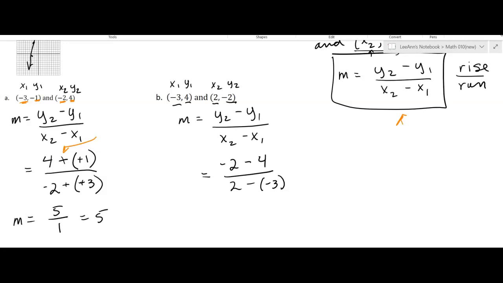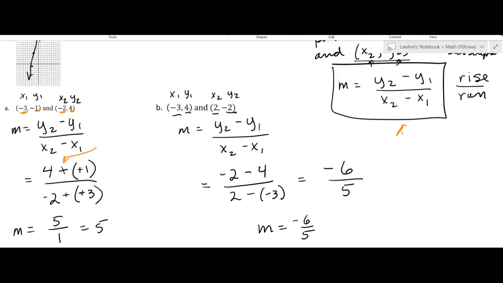Okay, and then we have to do the calculating. So I'm going to get -6 in the numerator, and then in the denominator I'm going to have 2 plus 3, which is 5. So my slope for the other line, oh, I didn't graph it, is -6 over 5.